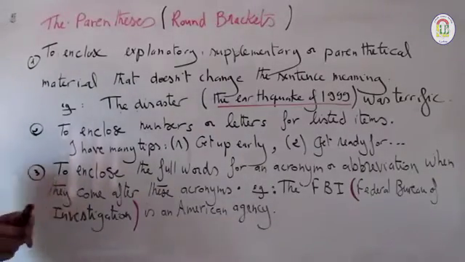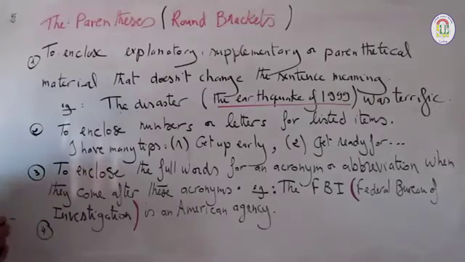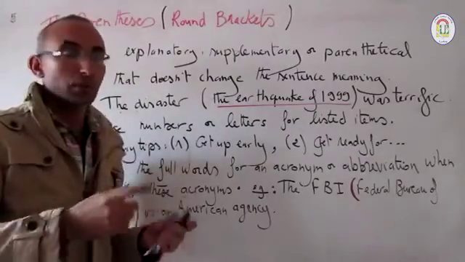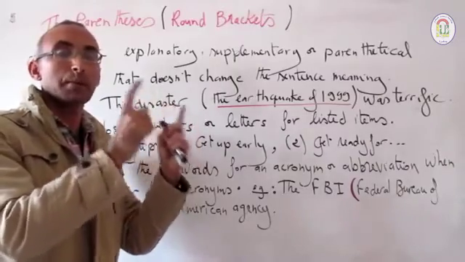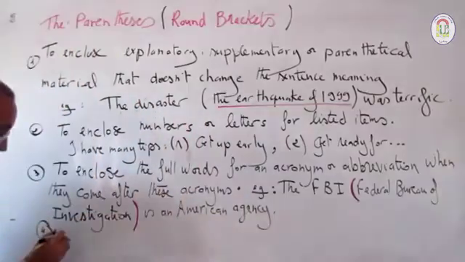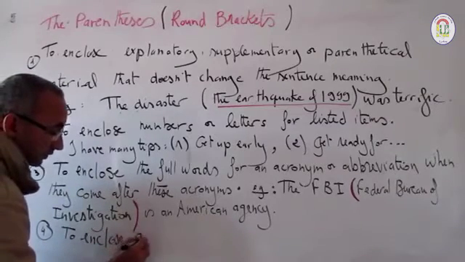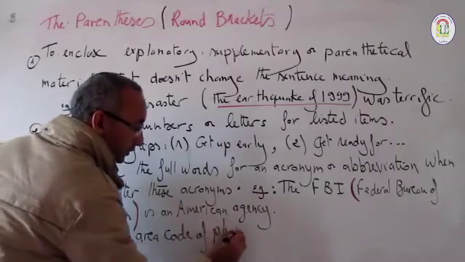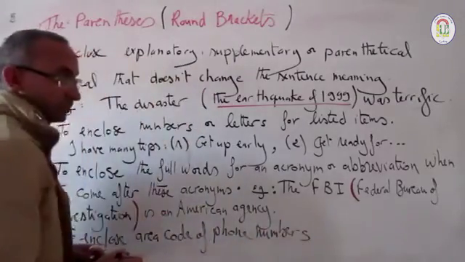What is left is only a simple case which concerns phone numbers. If you notice that when we write, especially international phone numbers, we have an area code at the beginning of the phone number. This area code is always placed between two parentheses. So, to enclose the area code of phone numbers.